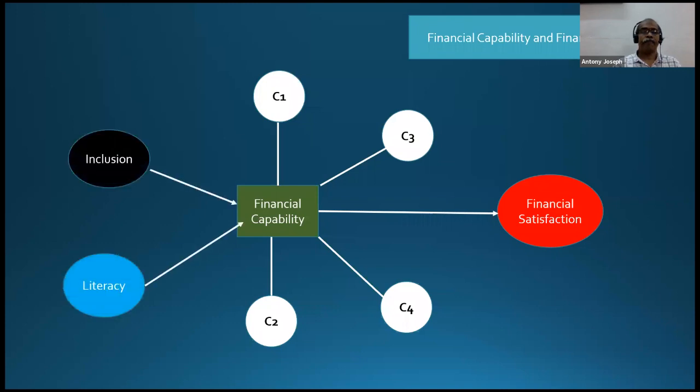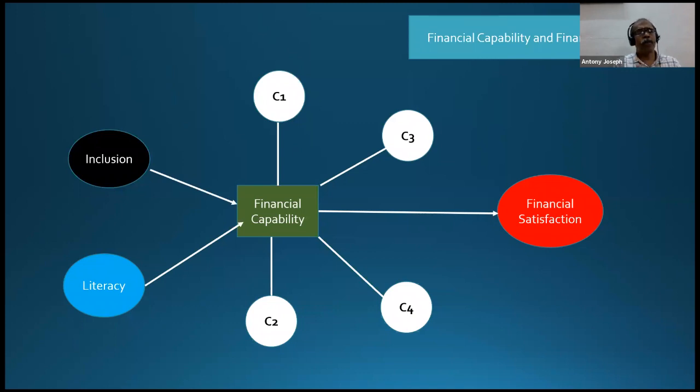Okay, then the review of literature says that there are 2 factors that actually influence the financial capability of individuals. They are financial inclusion and financial literacy.